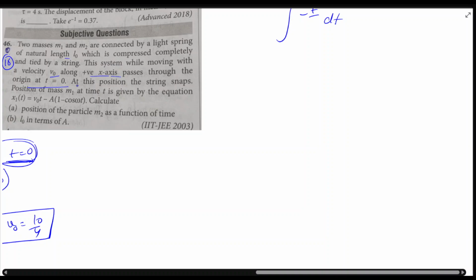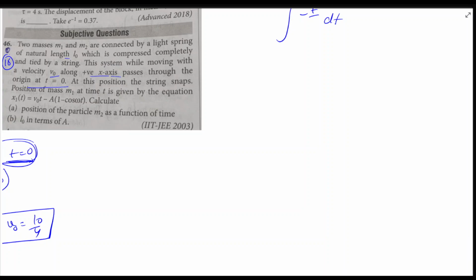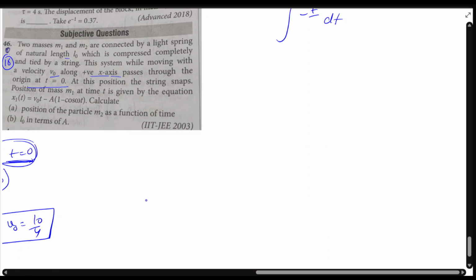Now at this position, the string snaps. The position of m1 at time t is given by this equation. So we have to make the situation first. Let's say this is our x equals 0.